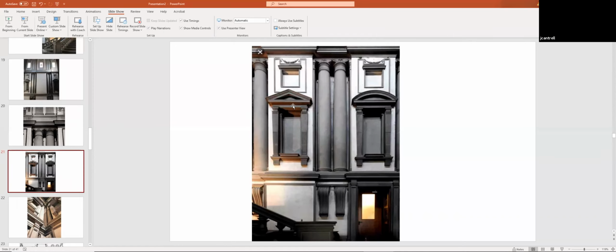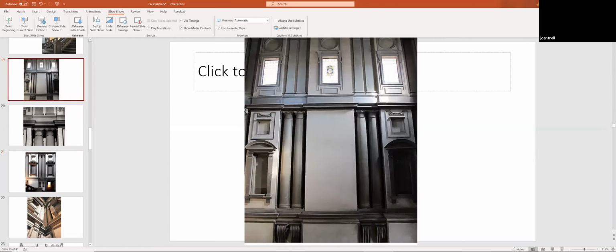What's also interesting is a kind of modern detail: the central panel has no decoration, no what I'm calling attic or window. It's the smooth surface, because he is celebrating the wall surface, and he's designing a special space just for the columns.